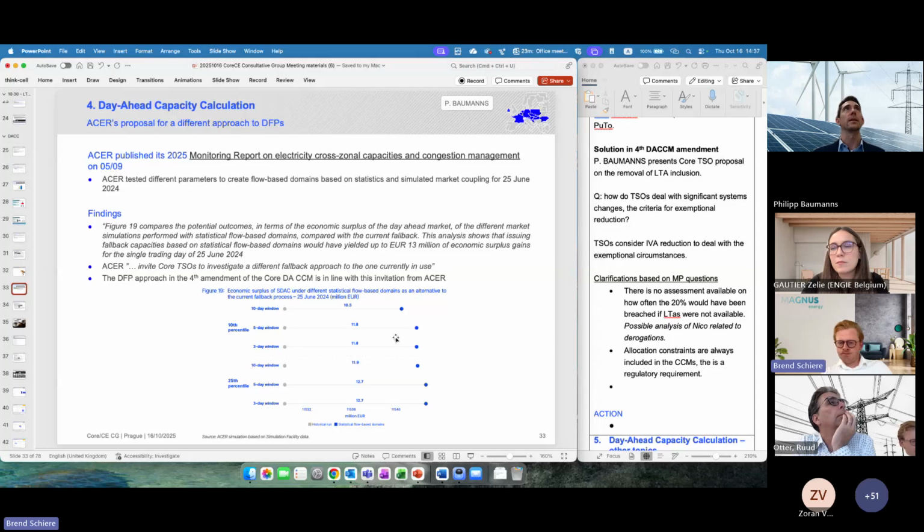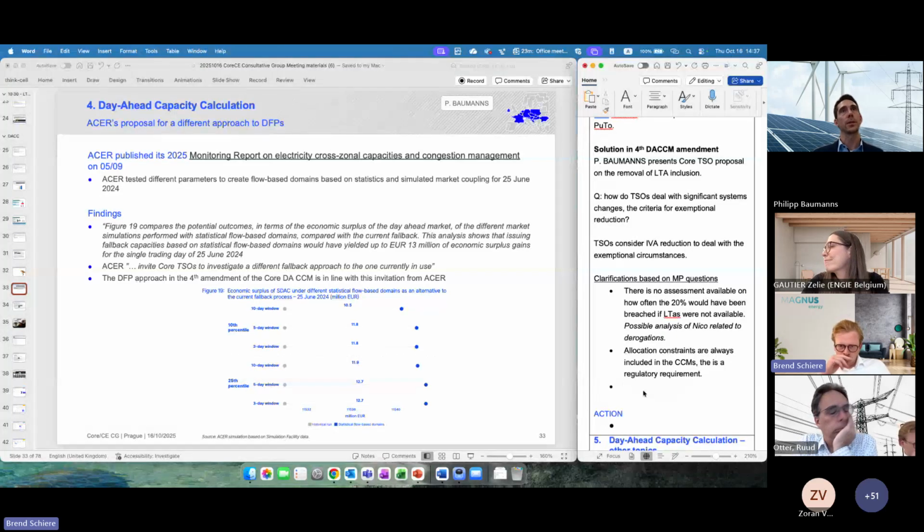ASA provided on post-zonal capacities and potential outcomes of an economic surplus in the day-ahead market for DFPs with such a statistical approach.